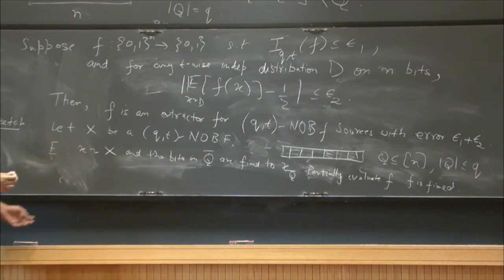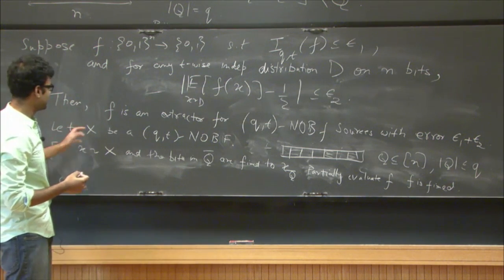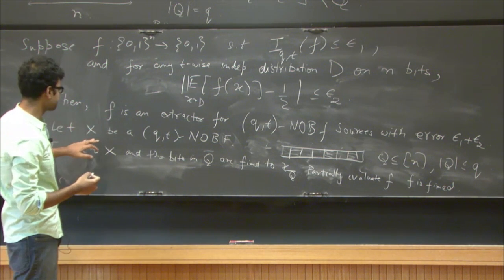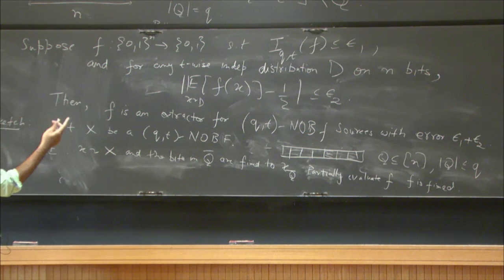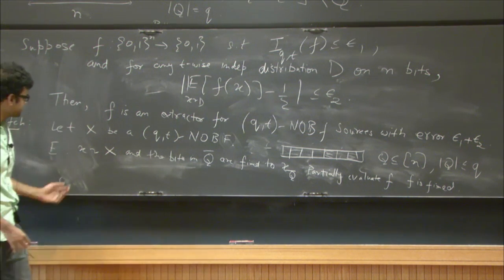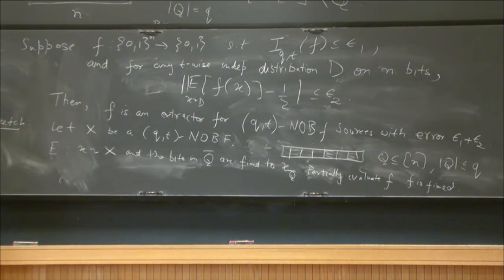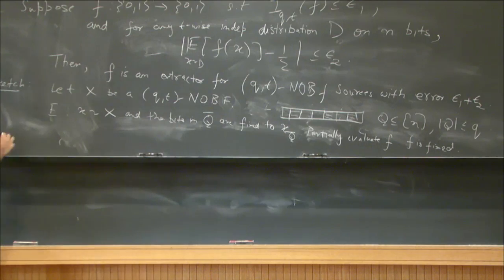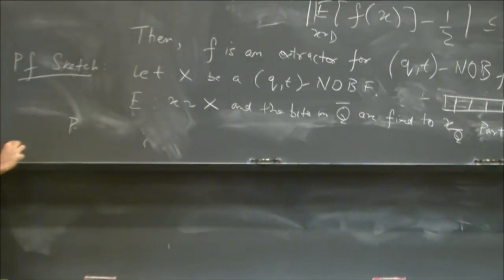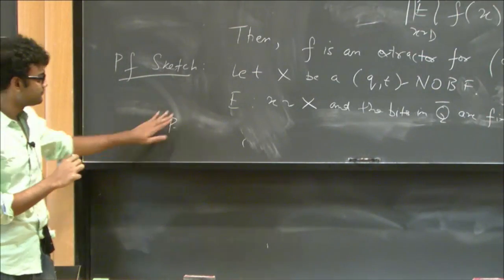Since we know that f is resilient, this event happens with very high probability.